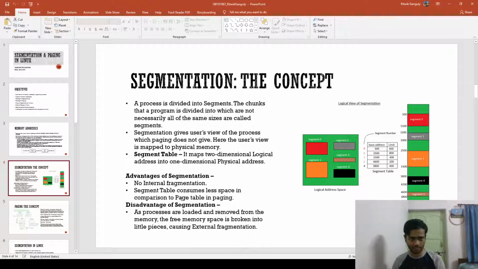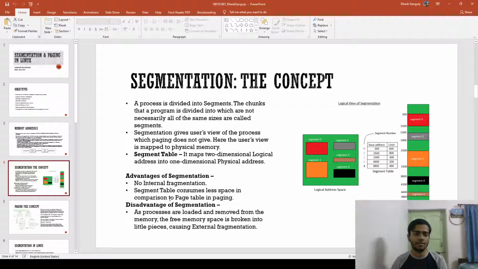There are some advantages and disadvantages of segmentation, as we can see here. In segmentation, there is no internal fragmentation because the memory that is mapped to the physical address space is just as much as it is required. There are no fixed memory spaces, so it is dynamic, and so there is no chance of internal fragmentation.